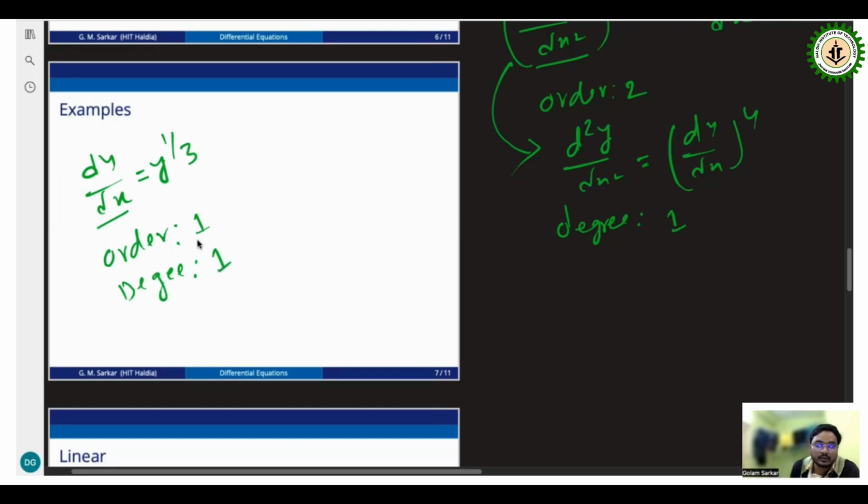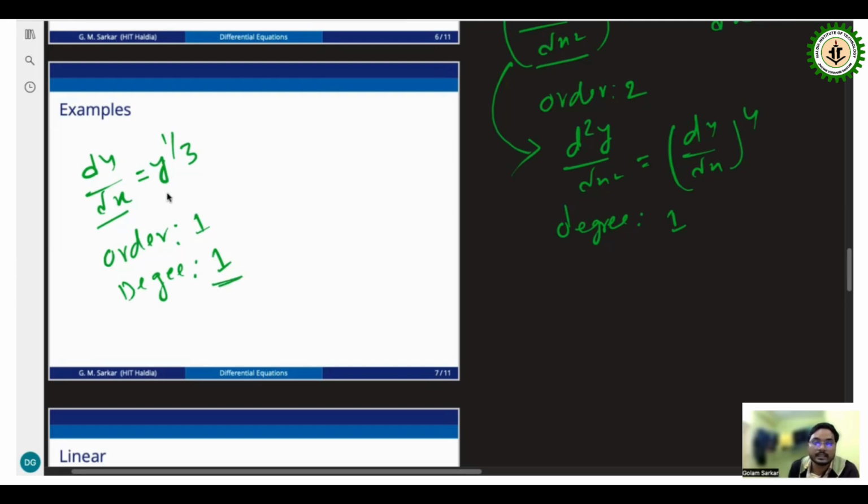Right? So when we are concerned about the degree of a differential equation, we only look at the power of each derivative term. If each derivative term has power in the form of a whole number, then the power of the highest derivative term is nothing but the degree of the differential equation.